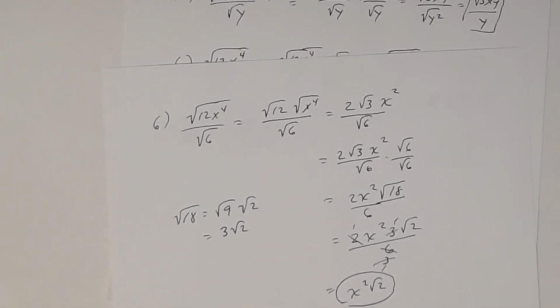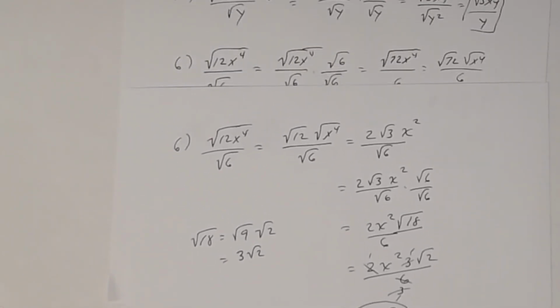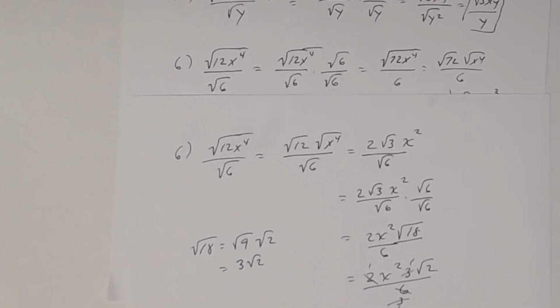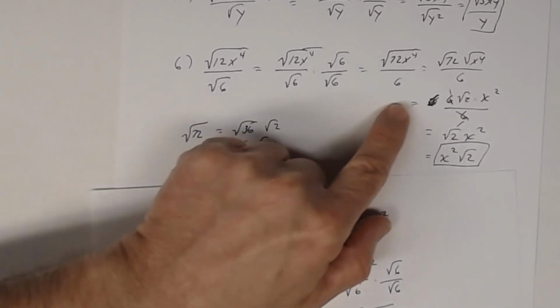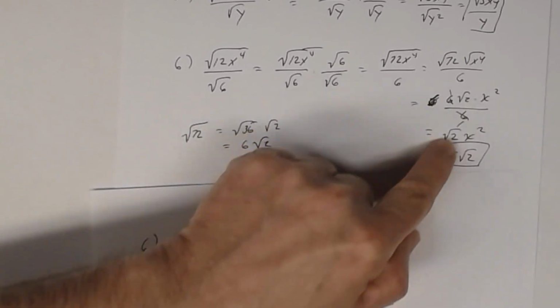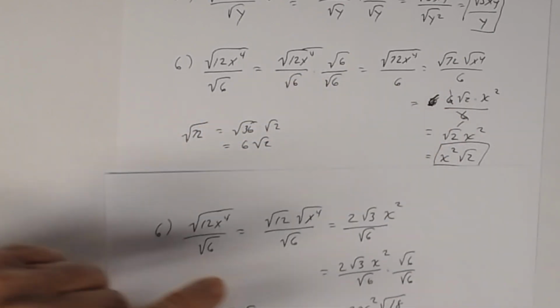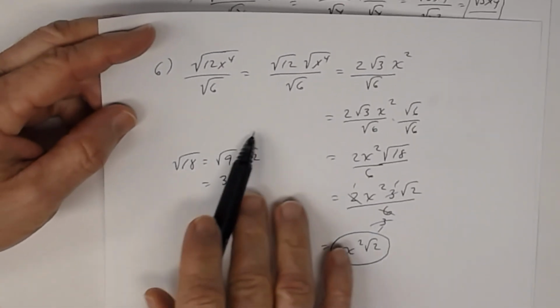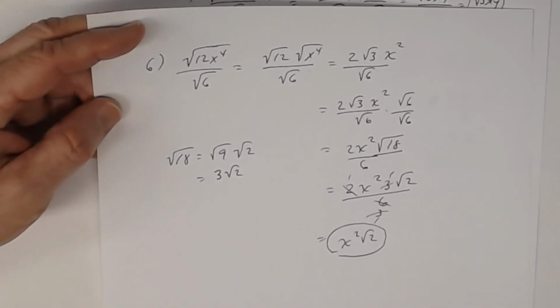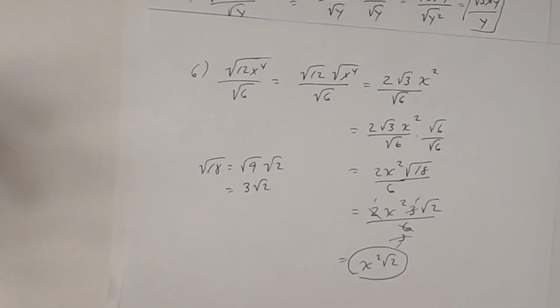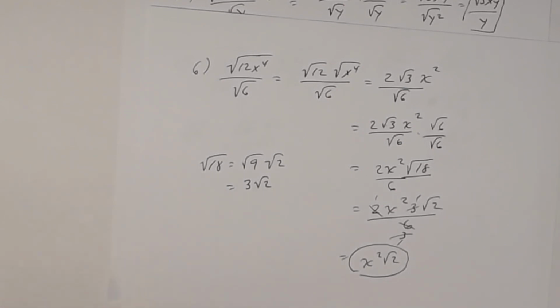Notice the different approaches you can use. It looks like this one was a fairly simpler approach than this one, but just to let you know, there are different approaches you can take.